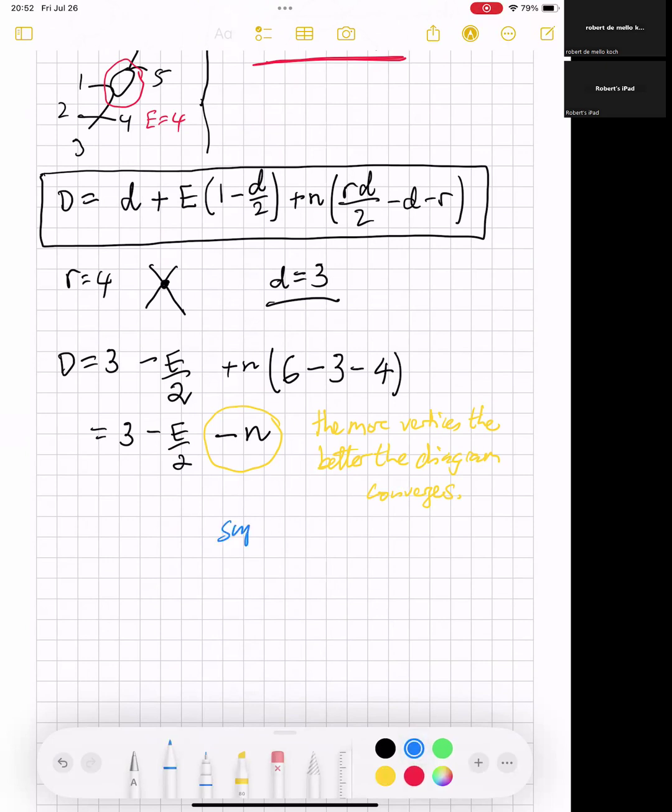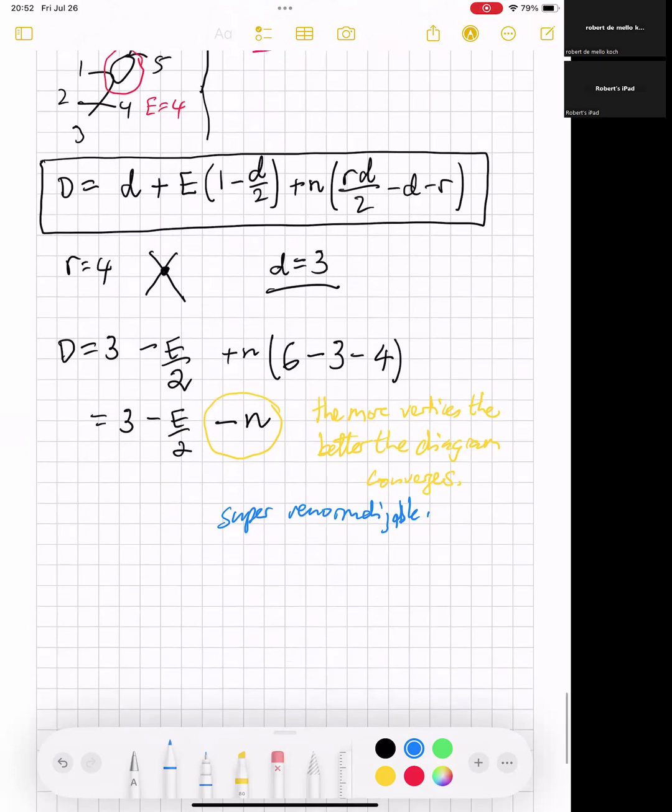Okay, so super renormalizable. You really only have a finite number of different Feynman diagrams that diverge. Not just looking at the correlators, there's actually only a finite number of diagrams that diverge.